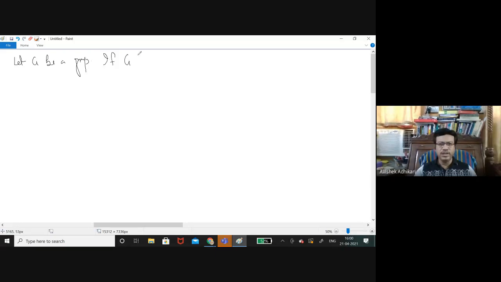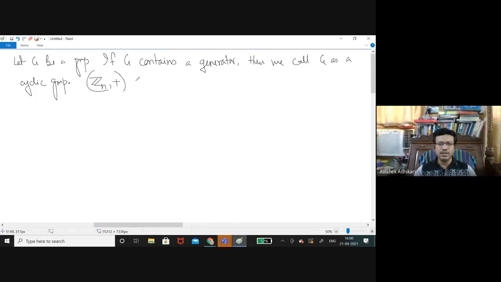If G contains a generator, then we call G a cyclic group. That means any group having a generator is called a cyclic group. For example, Zn plus is a cyclic group.